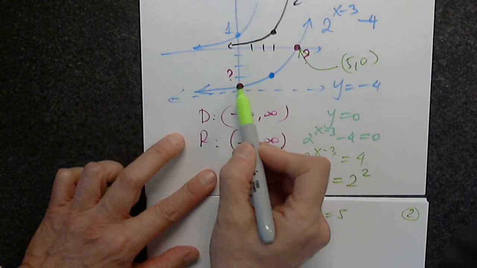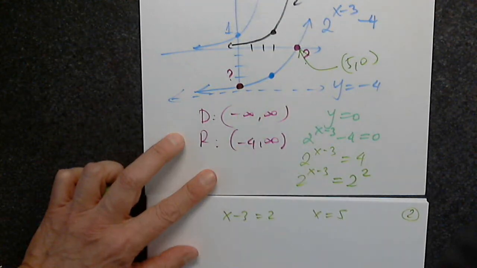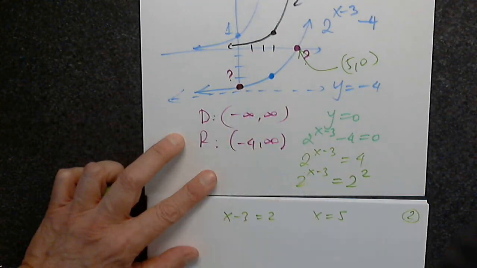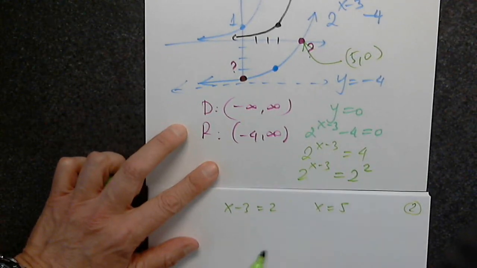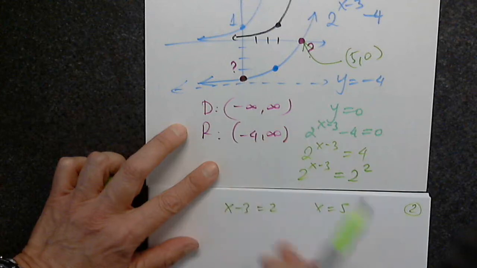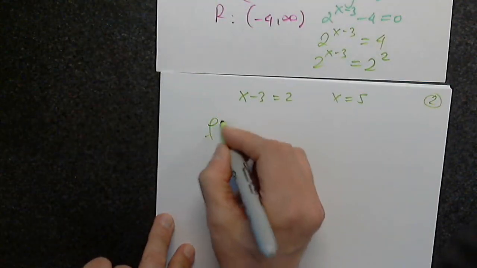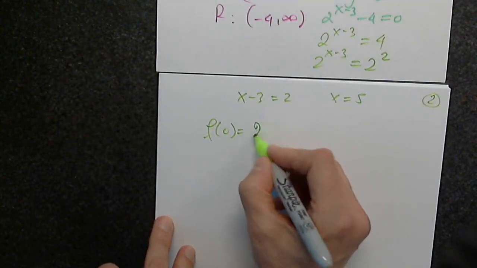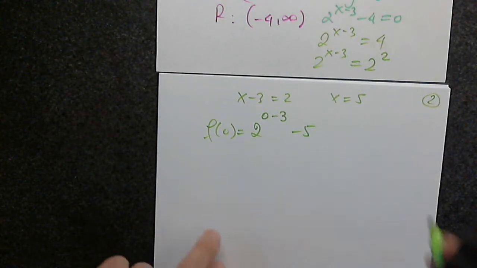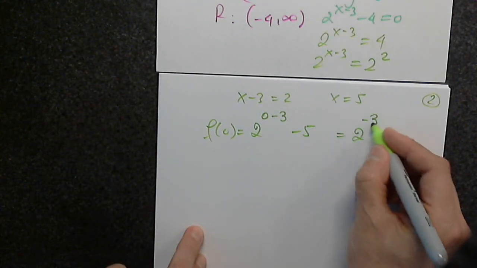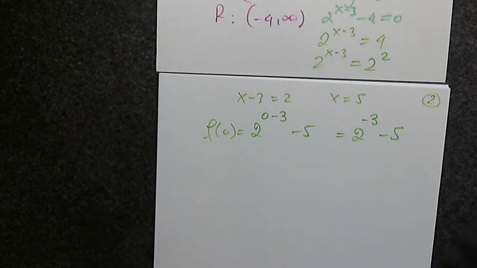Now I need to determine this point. How do I determine this point? I make x equals 0, very good. So I have to find f of 0, which is 2 raised to 0 minus 3, minus 4, which means 2 raised to -3 minus 4.